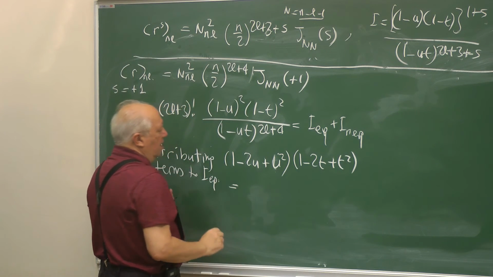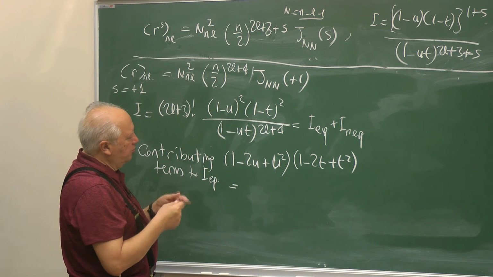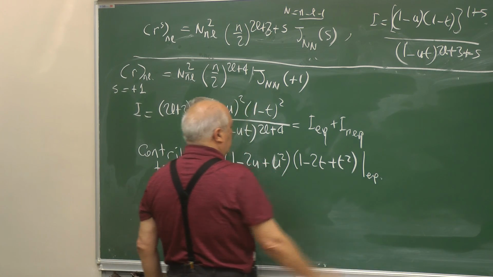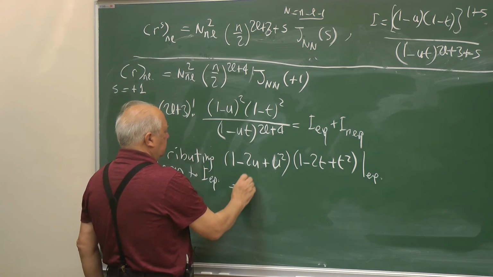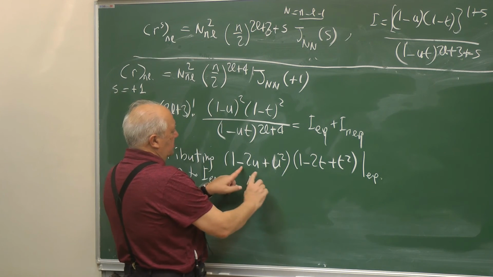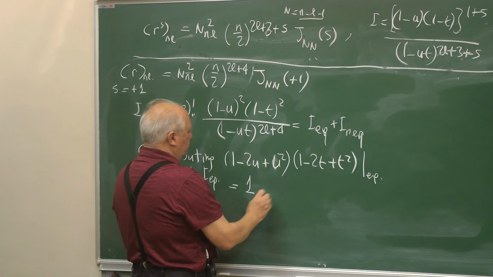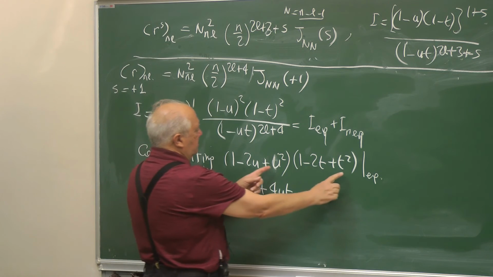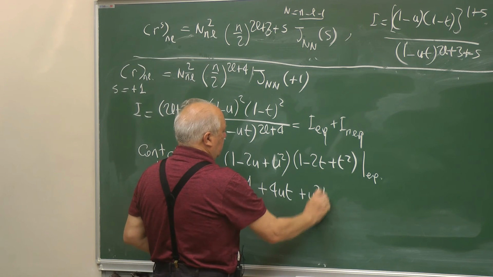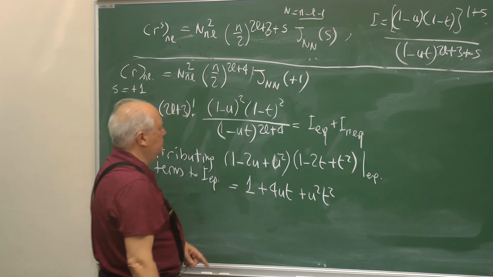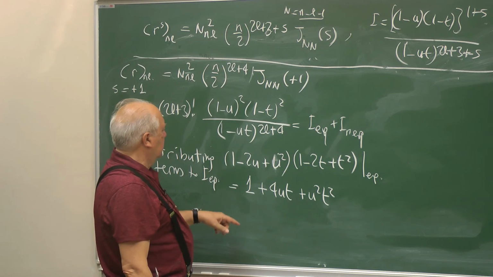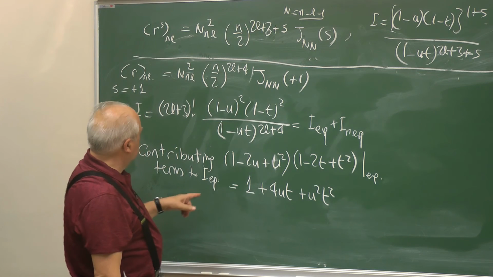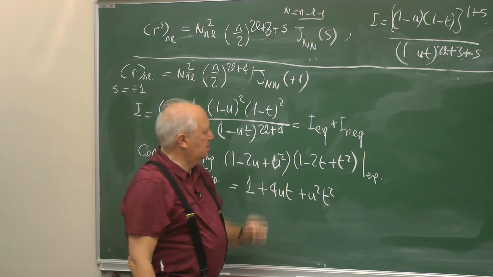That's equal to, I am looking for equal powers: well, 1, then plus 4ut, then plus u squared t squared. Other terms will contribute to not equal powers.